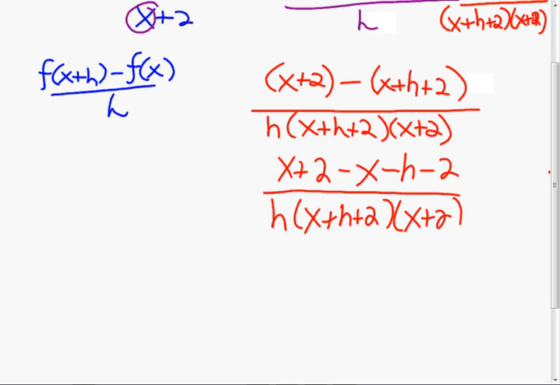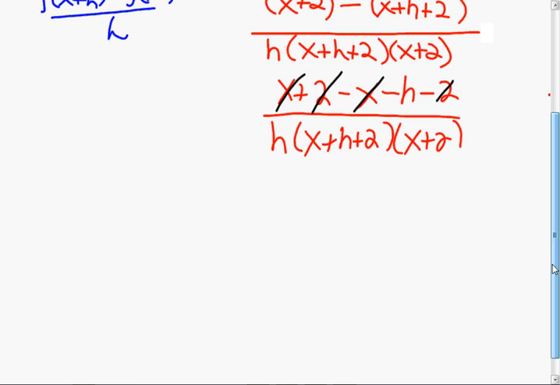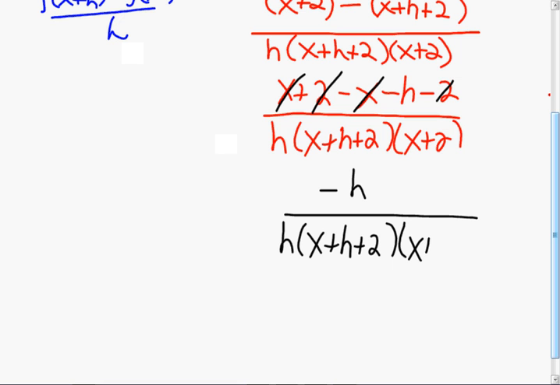Okay, what cancels here? The x's go, the 2's go, and I'm left with a minus h over h, x plus h plus 2, x plus 2. I don't want to distribute. I want to cancel. So it's negative 1 over this.